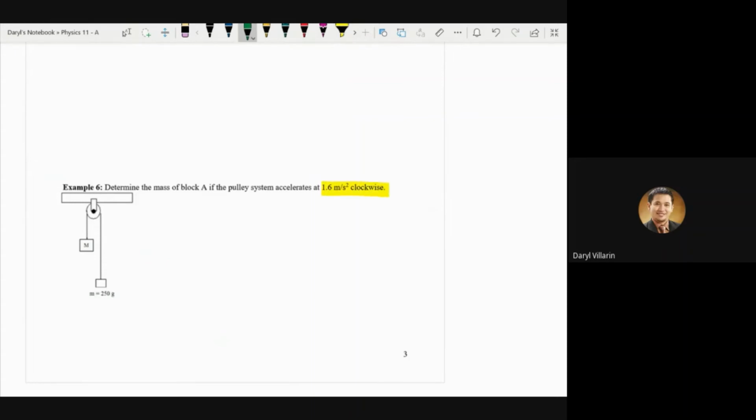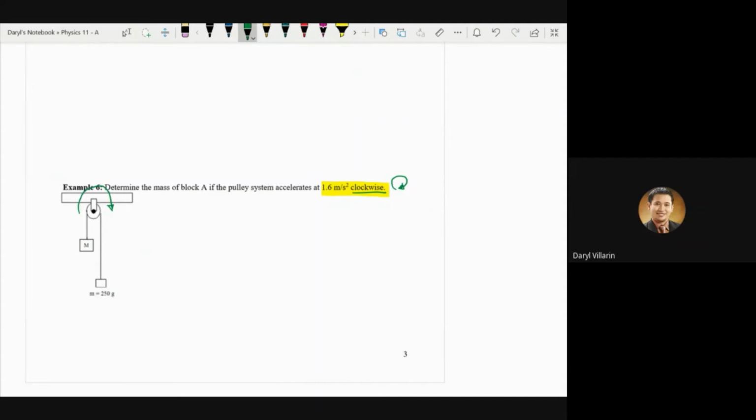Clockwise is the direction of motion of your clock, right? So the acceleration is this way, because clockwise is rotation here.